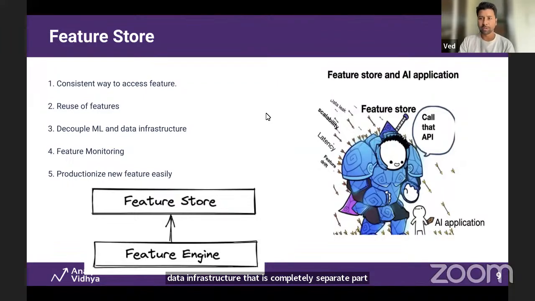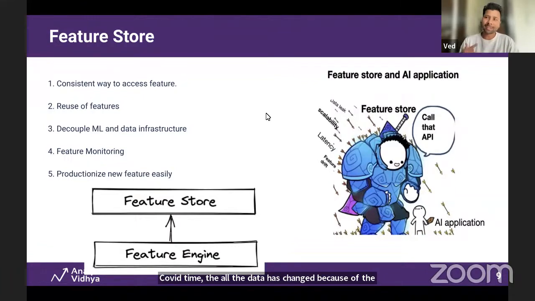Fourth is feature monitoring. Feature drift becomes a very important thing. Feature drift basically means that your feature distribution has changed. For example, in the COVID time, all the data changed because of the environment.